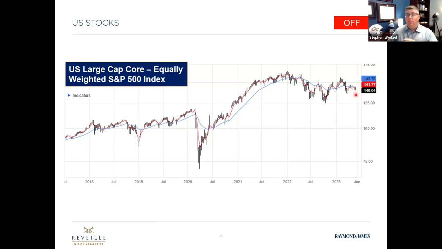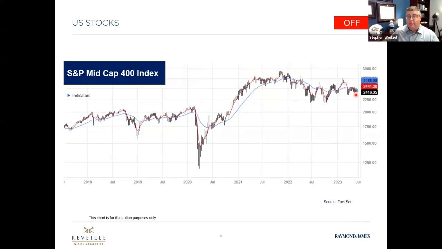So when we strip out that overweight to the biggest names, and we're giving an equal weight to every name in the index, we see that this is definitely not an uptrend, really maybe the onset of a downtrend. And we're kind of seeing the same type action when we look at mid caps.